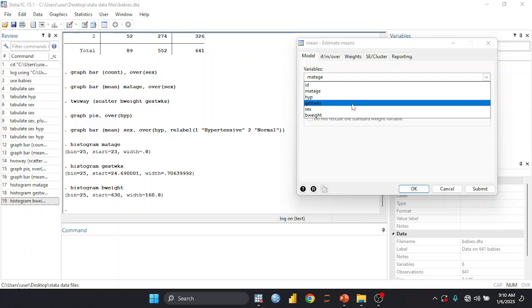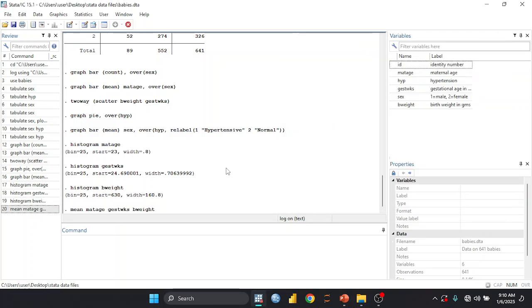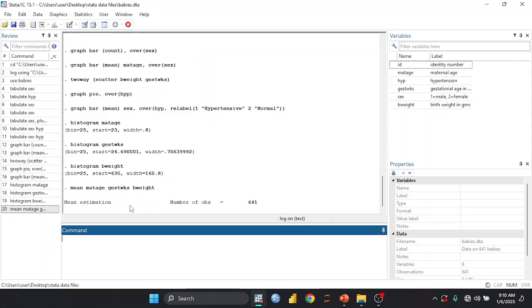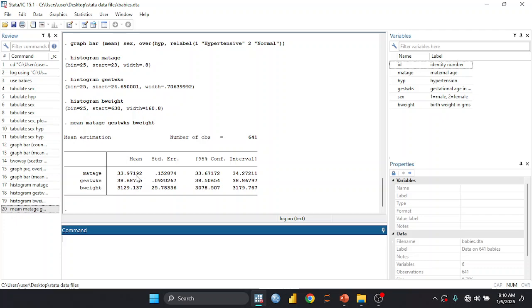All right, then okay. So the mean estimation, number of observations equals 64. The mean for max age is 33.97. The gestational weeks is 38 points. The birth weight is 3,129 grams.